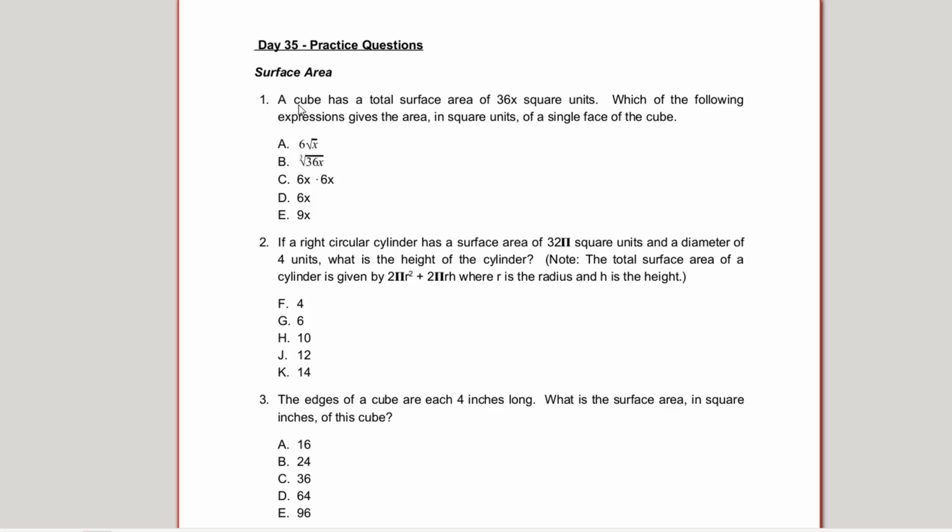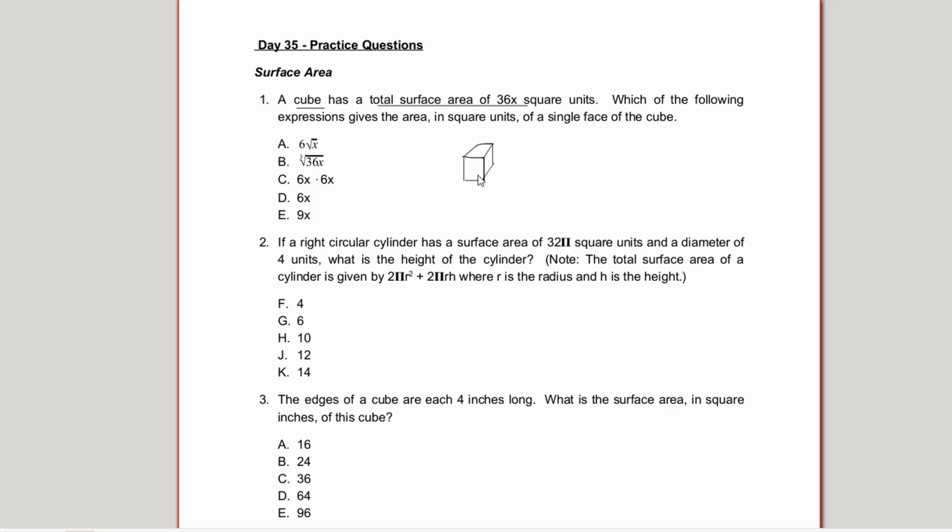Okay, so we're given that a cube, which has 6 sides, has a total surface area of 36x square units. Thinking about a cube, just a rough sketch, we have 6 sides, 6 faces.